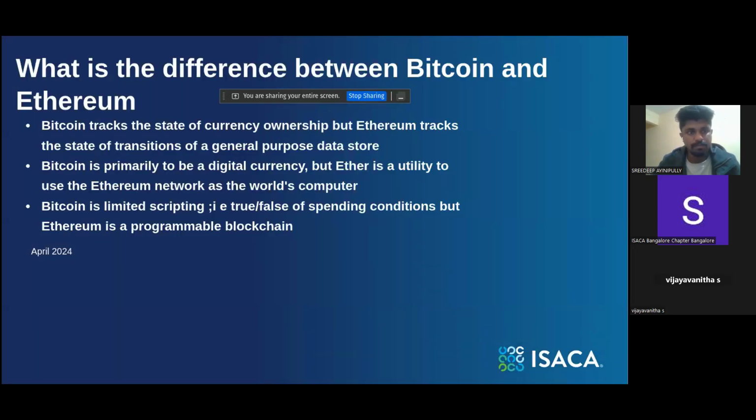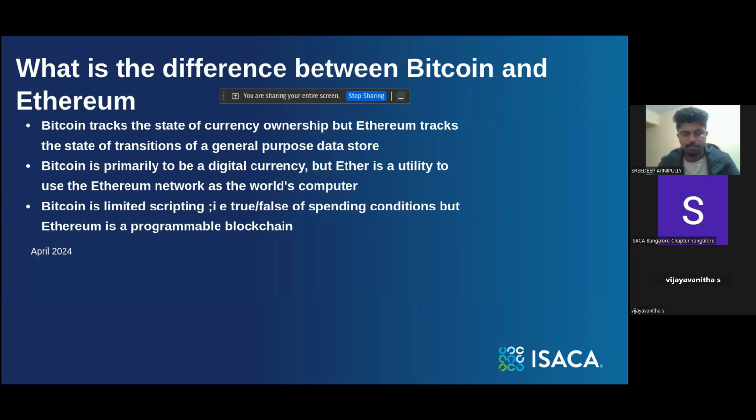So moving to the next part, like I said, Bitcoin is part of blockchain, and Ethereum is also a part of the blockchain. The concept of smart contracts came through Ethereum, because Ethereum is the programmable blockchain.